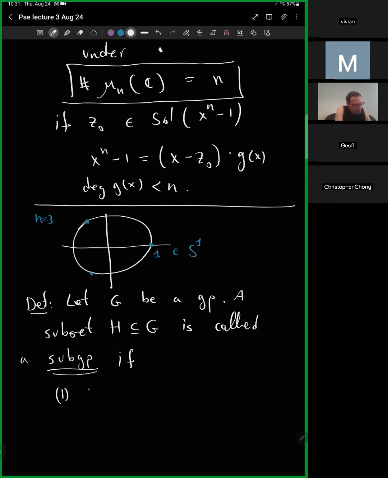First, we need that the unit element, or the neutral element, will be in the candidate for a subgroup.